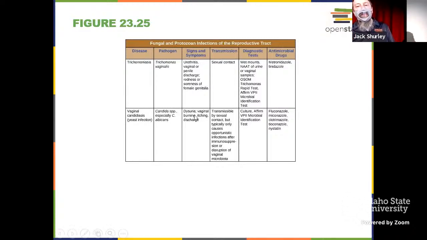So some issues with this: dysuria, vaginal burning, itching, and discharge. Typically, we think sexual transmission is a potential, but it's also a possibility with disrupted flora that sets the stage for that.